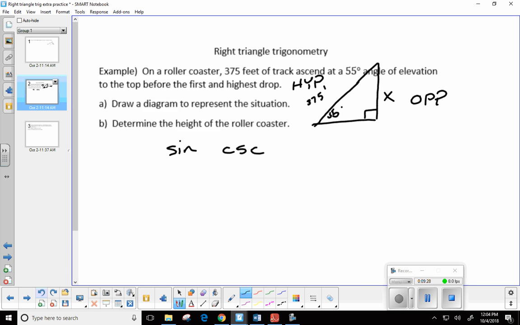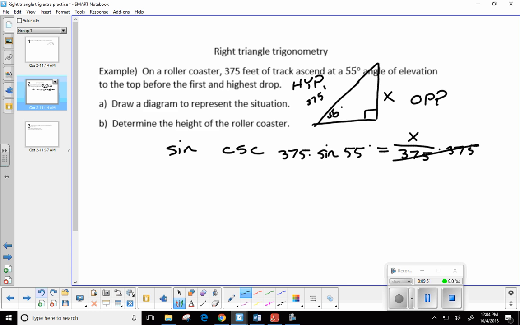Sine? Okay. So now this would be sine of 55 degrees is equal to the opposite x over the hypotenuse 375. And this was a great choice, because how would I now solve? Yeah, just multiply through by that 375.